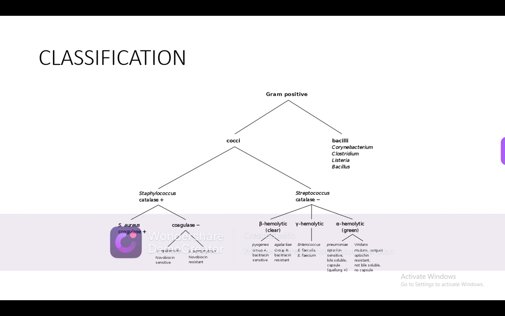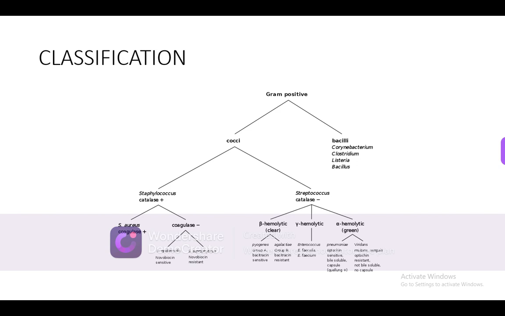Or they are divided into what is called Lancefield grouping: A or B or C or D or E, etc. Now here is the beta hemolytic. Hemolysis means the red cells have been lysed completely, it's clear, all is gone.